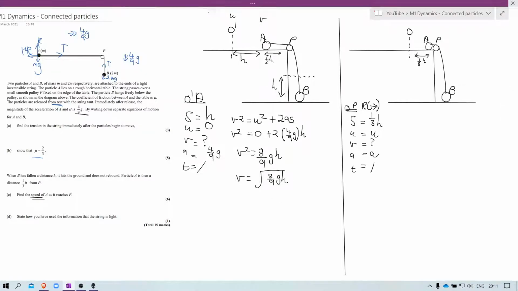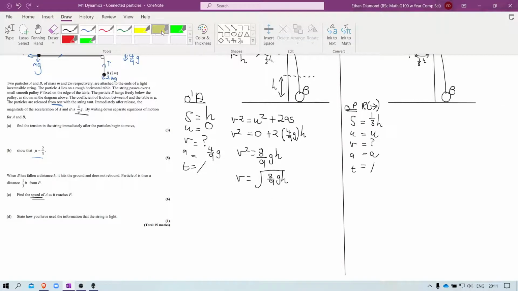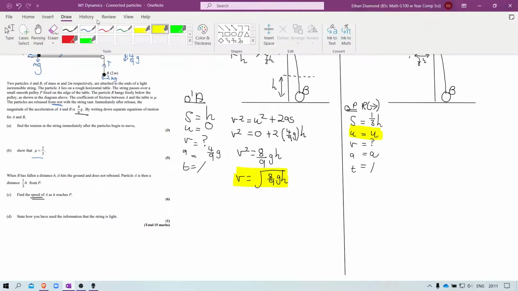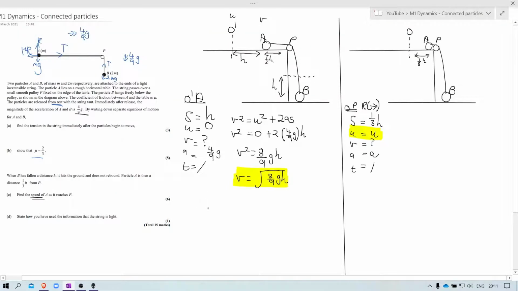Okay, then just to make it crystal clear, I'm going to highlight this V in yellow, and we're going to put that value of V as our initial velocity in the second diagram. I'm going to do the next part in a different color, in blue.